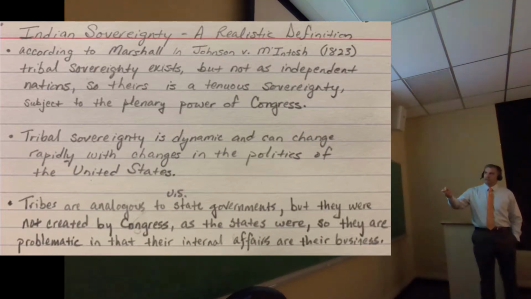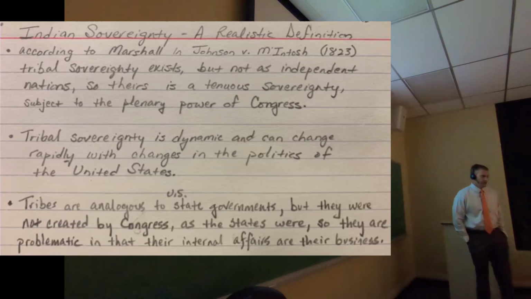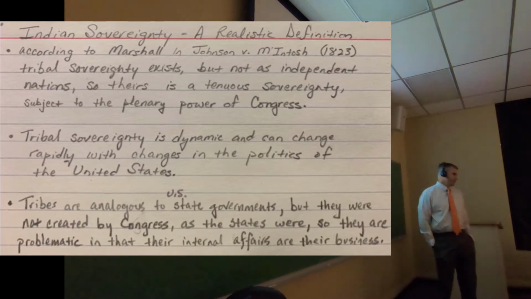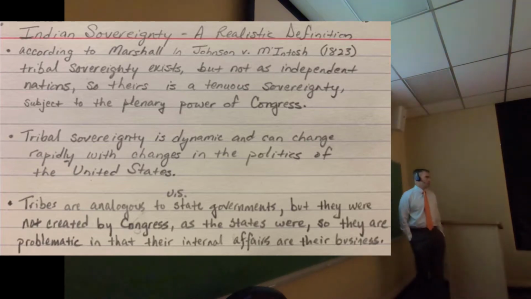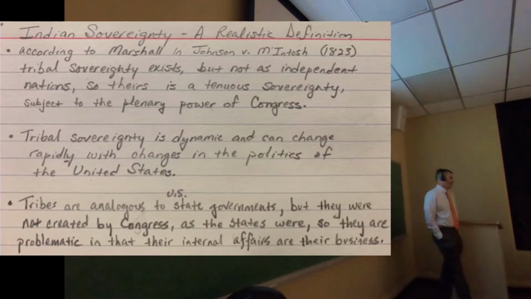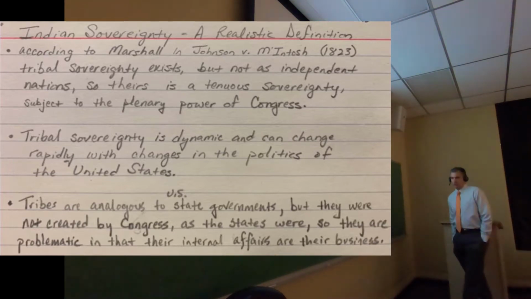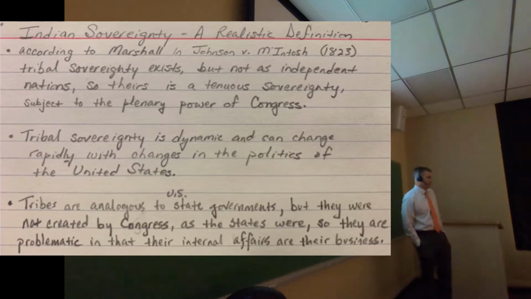Tribal sovereignty is dynamic and can change rapidly with changes in the politics of the United States, as we'll see. Sometimes it's a 180-degree turnaround, as in the case in 1933-34, when Franklin Delano Roosevelt won the presidency in 1932.